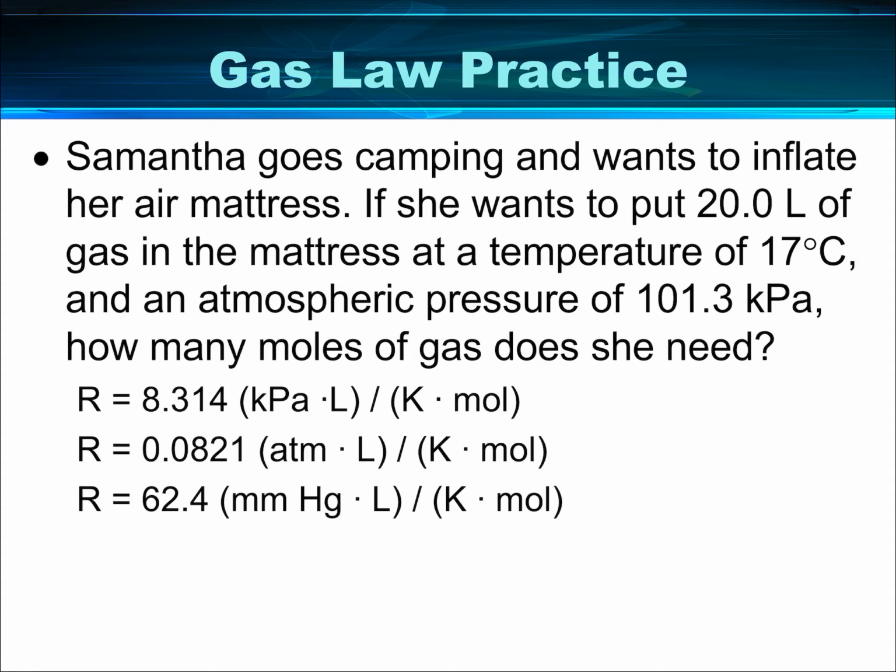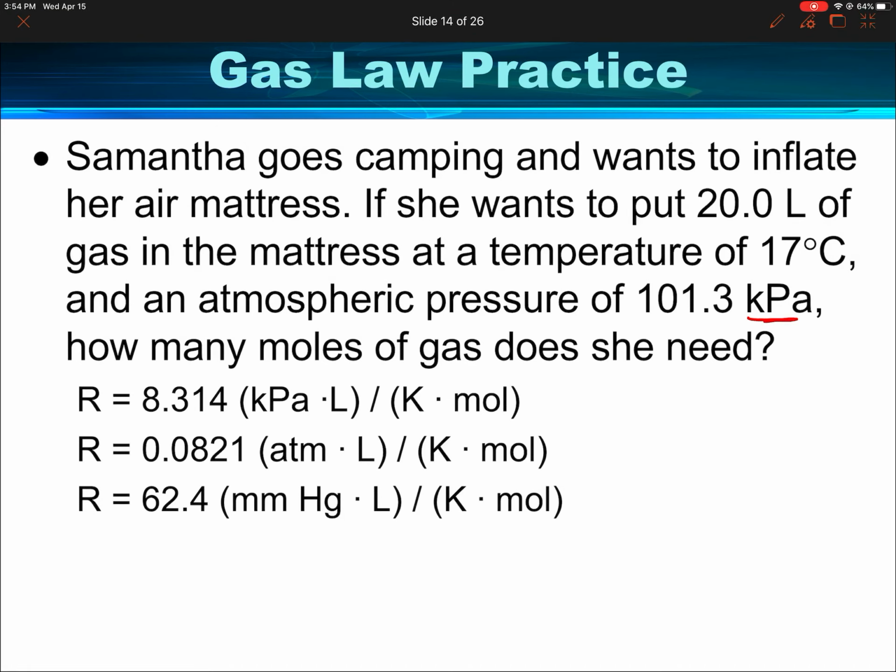So Samantha goes camping and wants to inflate her air mattress. She wants to put 20 liters of gas in the mattress at a temperature of 17 degrees C and an atmospheric pressure of 101.3 kPa. How many moles of gas does she need? So right here, I can see that I have kPa, so I am going to use this R, okay, because I have kPa.